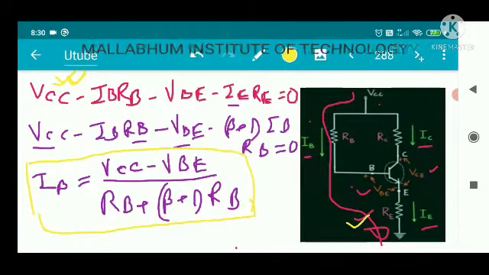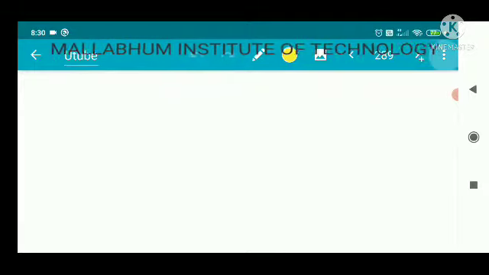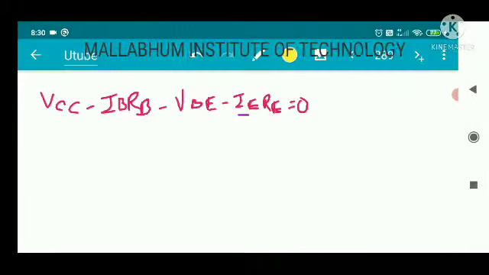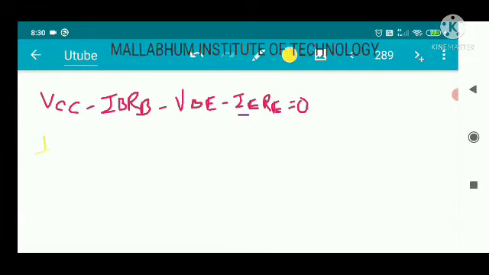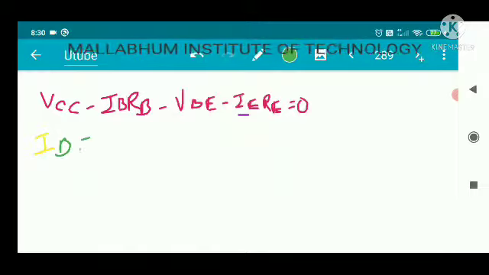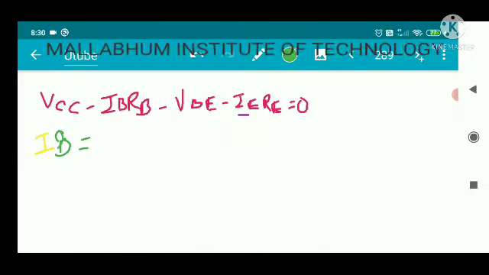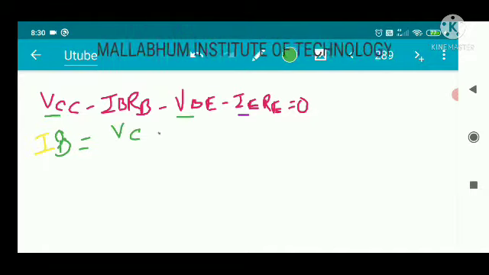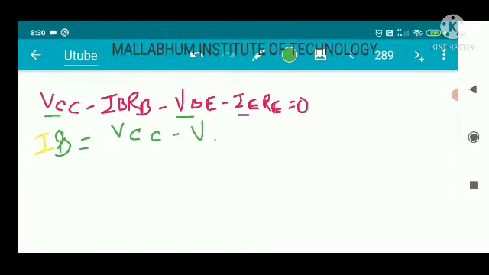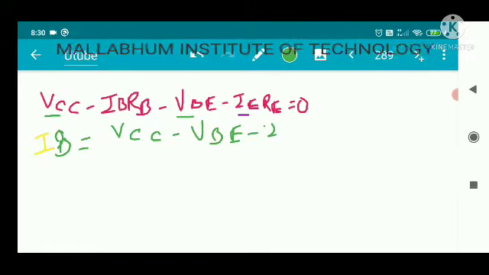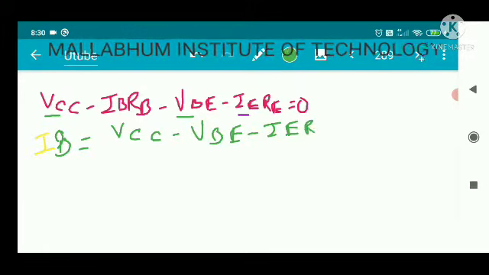This is another expression for IB: IB is nothing but VCC minus VBE minus IERE, divided by RB.